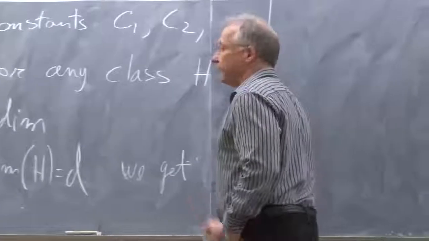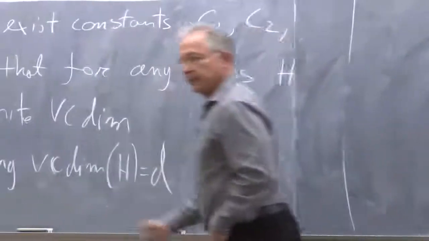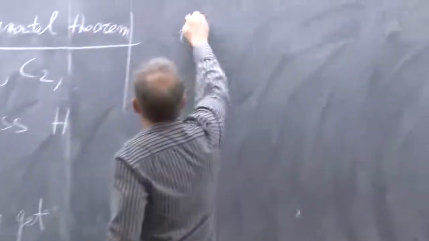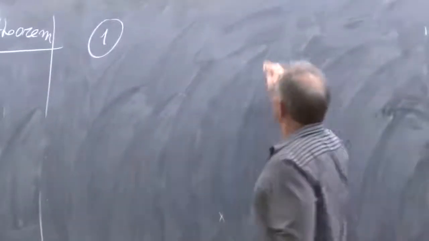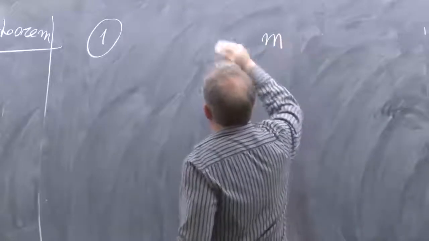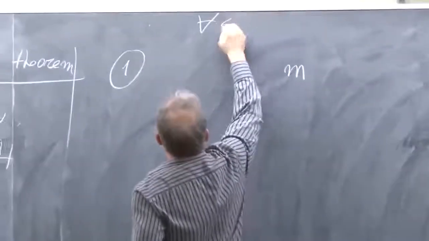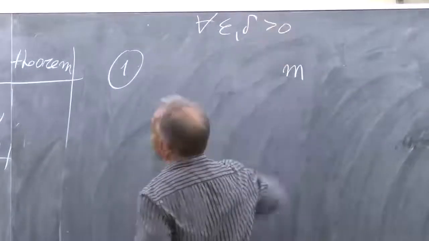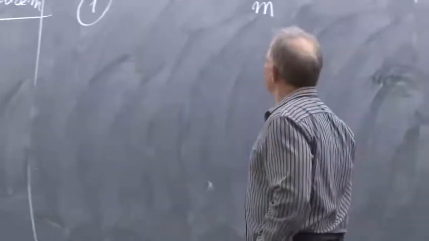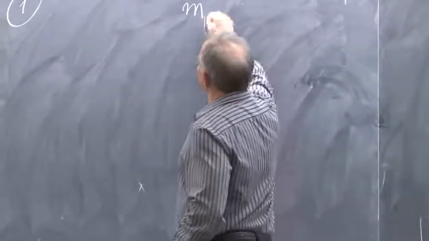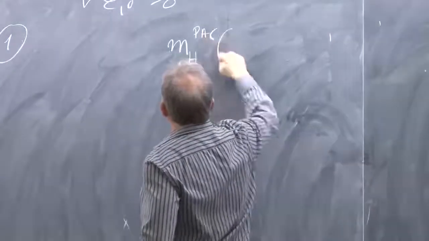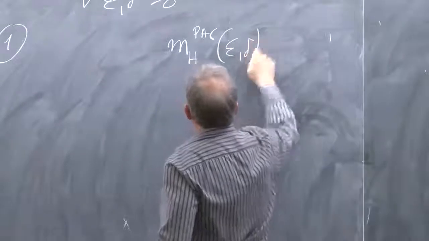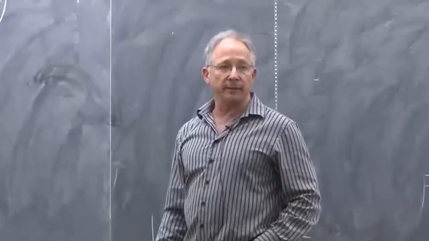So the first inequality: I'm going to look at the PAC sense. So I'm looking at M, this is for every positive epsilon and delta. I'm looking at M_H in the PAC sense. How many samples do I need to epsilon-delta learn the class H in the PAC sense, in the realizable case?